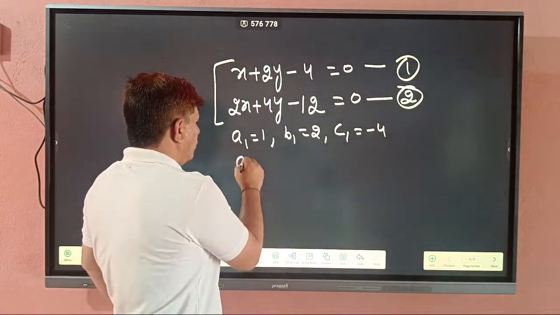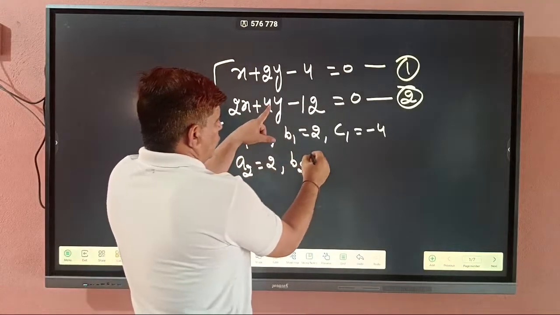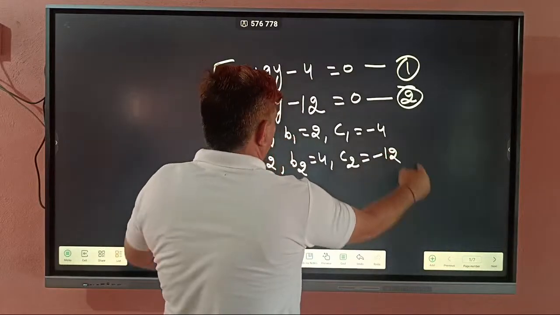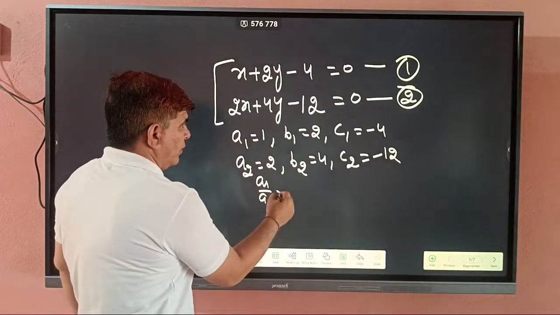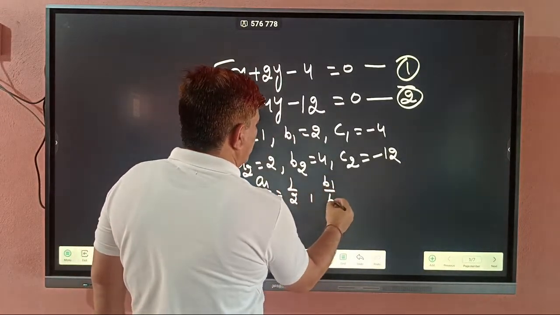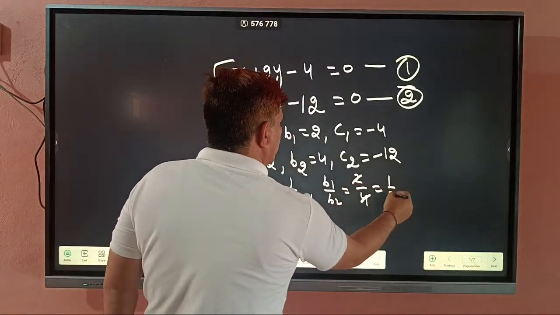What's your A2? A2 is 2, B2 is 4, C2 is minus 12. So what's A1 by A2? 1 by 2. What's your B1 by B2? 2 by 4. If you cancel this also, 1 by 2.